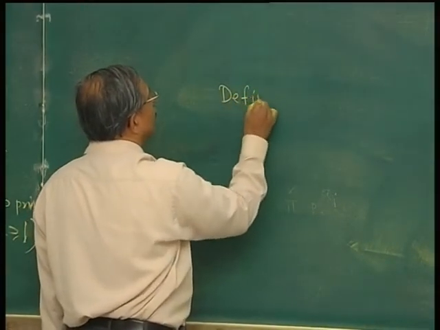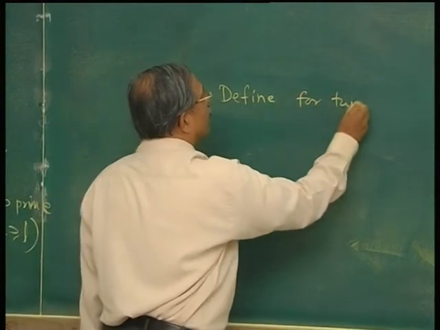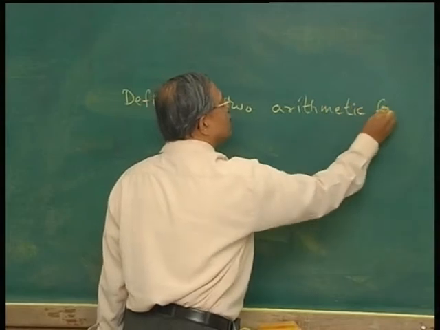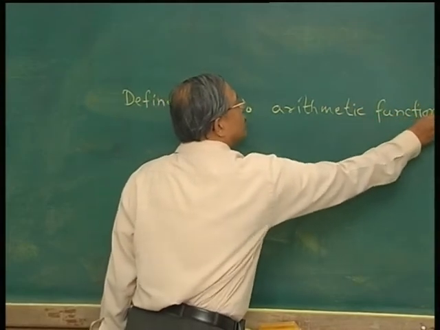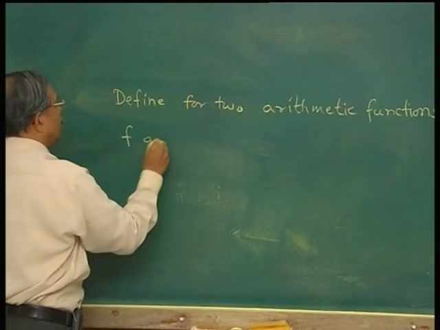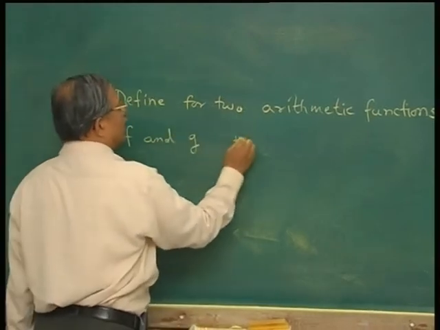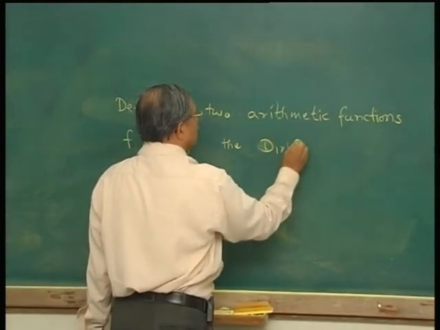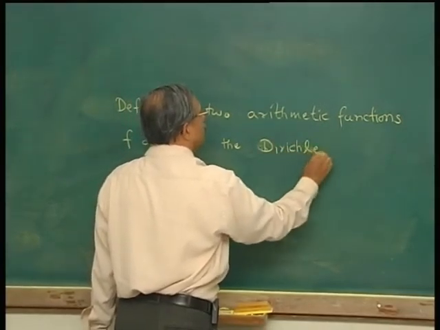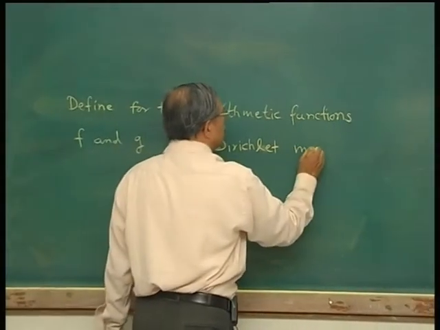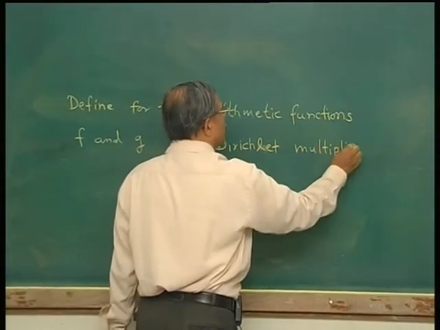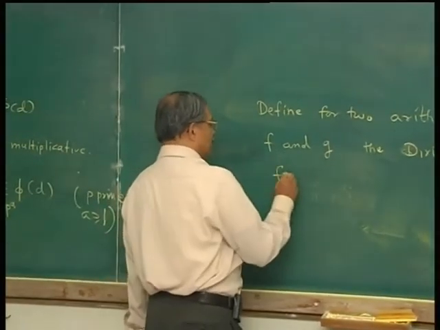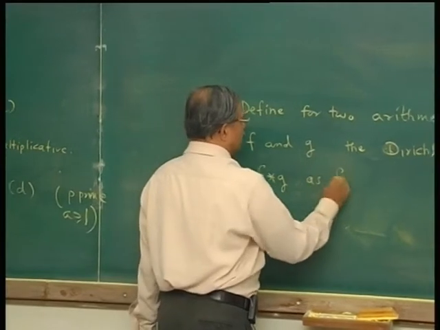Define, for two arithmetic functions f and g, the Dirichlet multiplication f star g as follows.